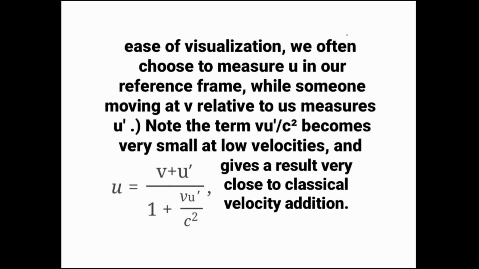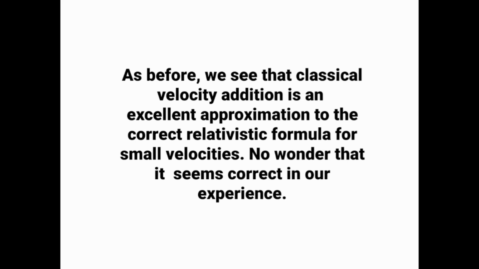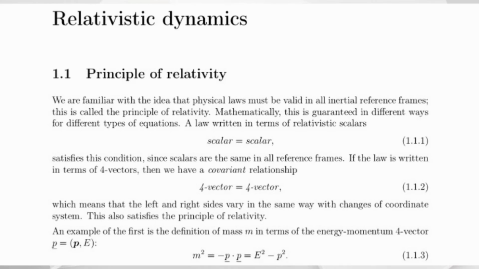Note that the term v u prime over c squared is very small at low velocities, and u equals v plus u prime over 1 plus v u prime over c squared gives a result very close to classical velocity addition. As before, we see that classical velocity addition is an excellent approximation to the correct relativistic formula for small velocities.